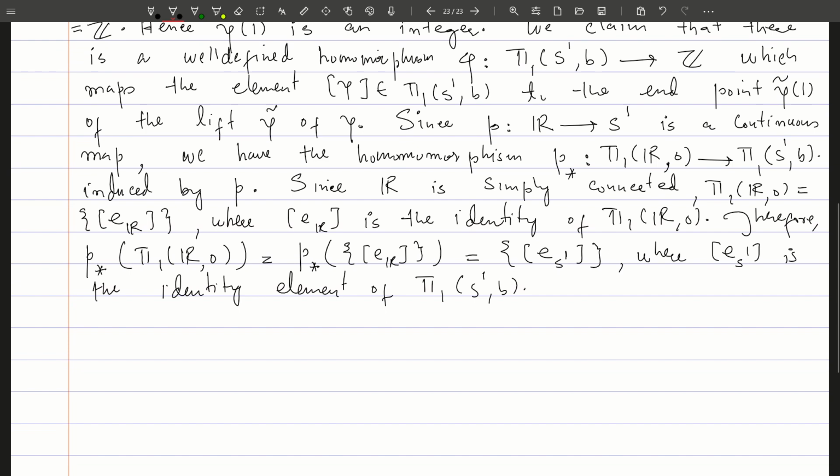Now we have to prove this phi is well defined. For that, let us take two homotopy classes to be equal.